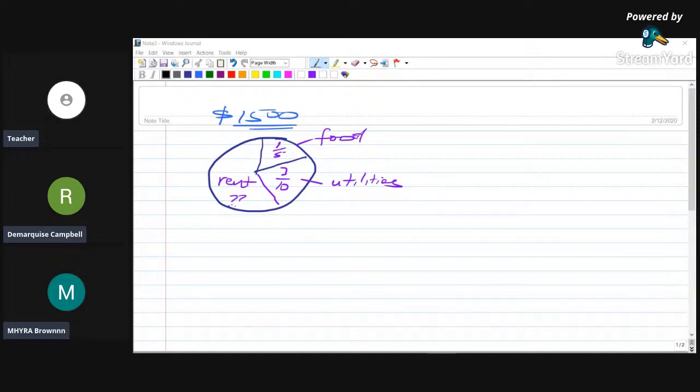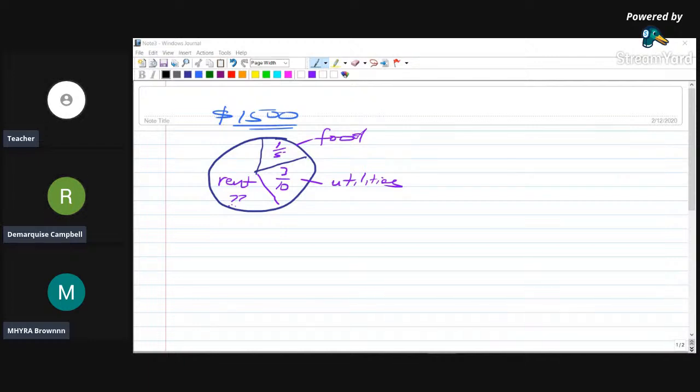So it says here a pie chart, and another term for a pie chart is a circle graph, shows how a man spends his weekly salary of $1,500. It says 1/5 is spent on food, 3/10 on utilities. The balance is spent on rent. How much money does he spend on rent?